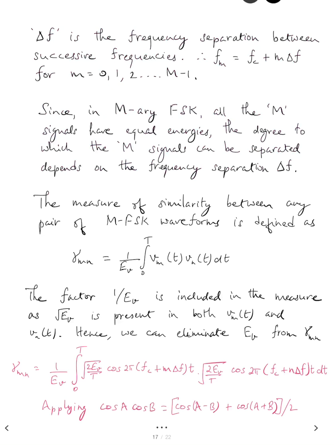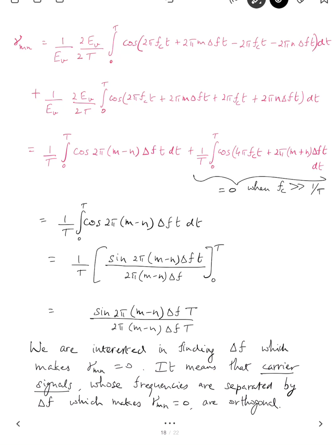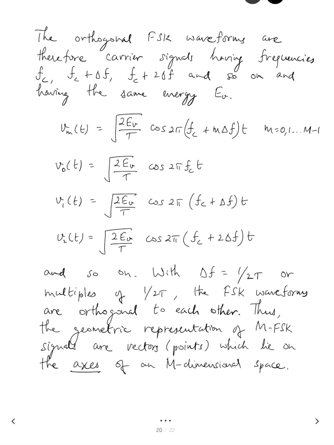So let me go back to that page where we had the equations for binary. So here, for example, we can say f1 is equal to fc, and f2 in that case will become fc plus delta f. So we have only two frequencies here, f1 and f2. Similarly, we can have for M equal to 4, where f1 is fc, f2 is fc plus delta f, f3 is fc plus 2 delta f, and so on and so forth.